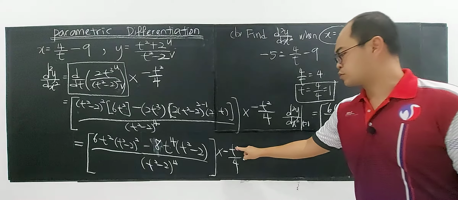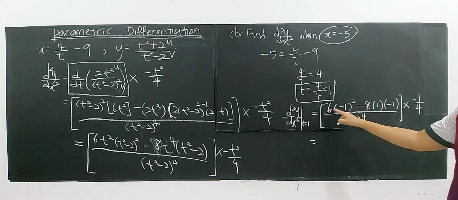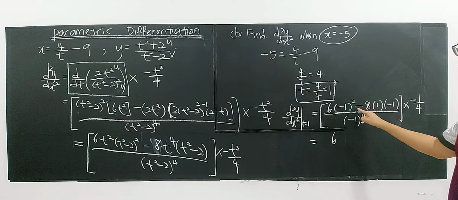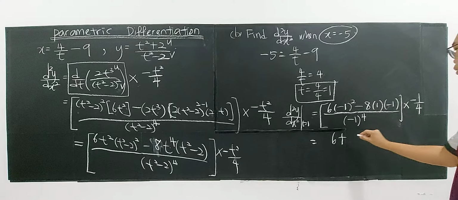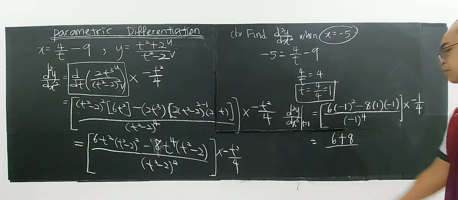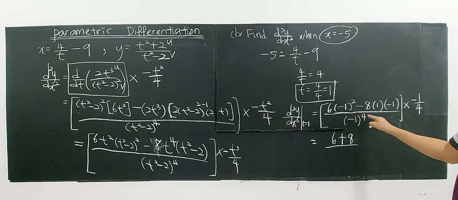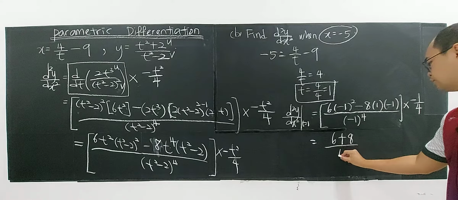Now you can evaluate this number. 6 times negative 1 square, you have 6. Negative, negative, you have positive 8. Negative 1 to the power 4, you are getting positive 1.